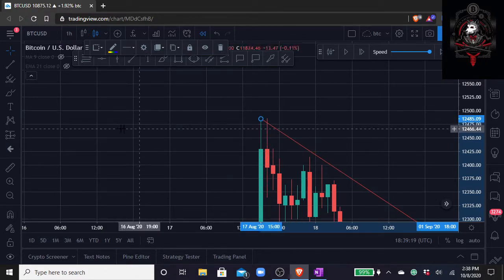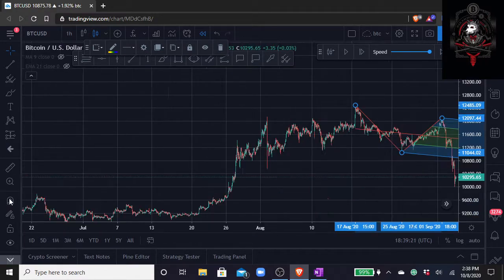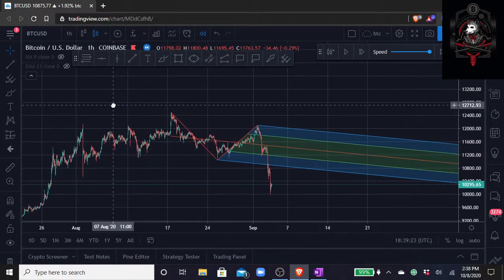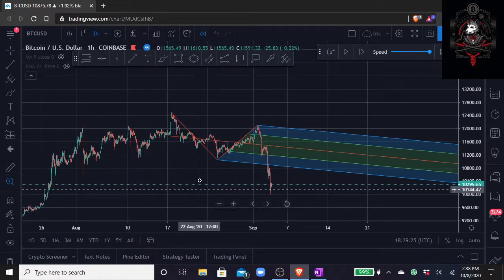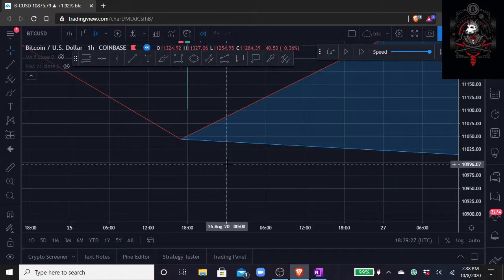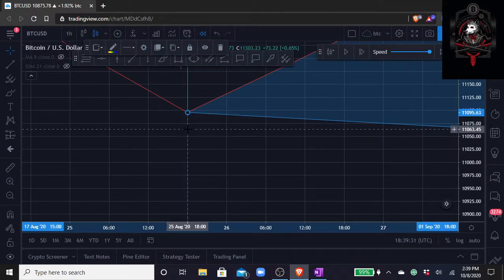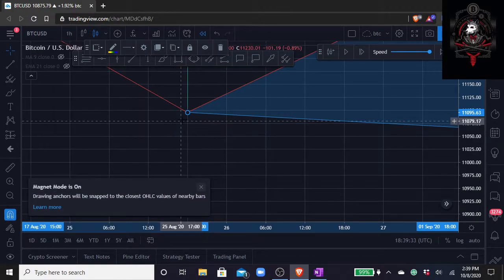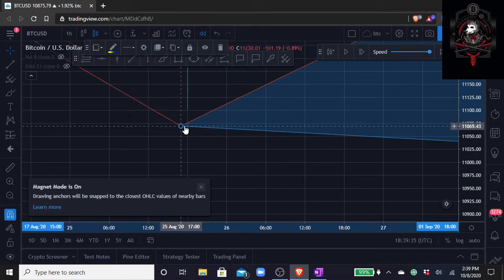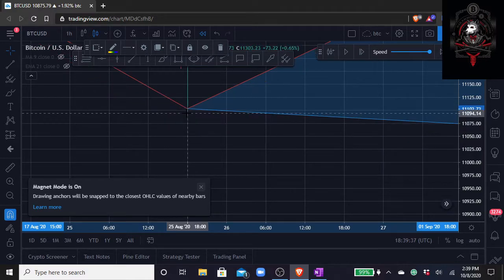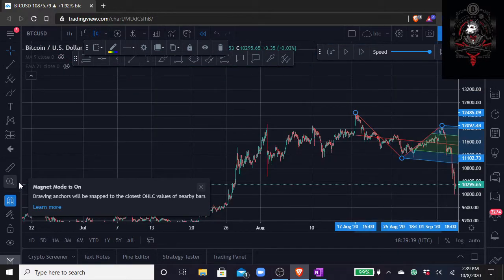That was actually a double top there, but you could have used that red or green candle, I guess. It'd help if I had magnet mode on too. There we go.